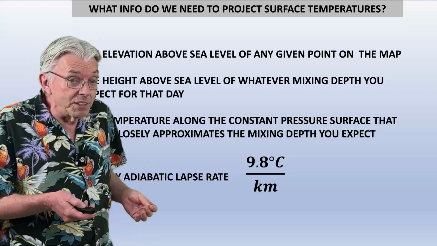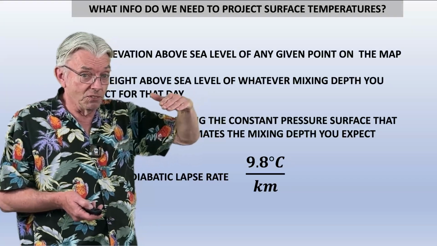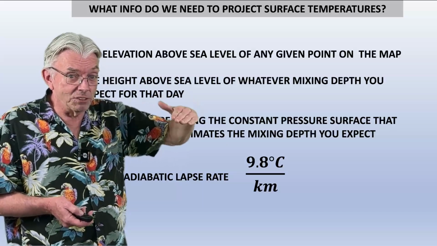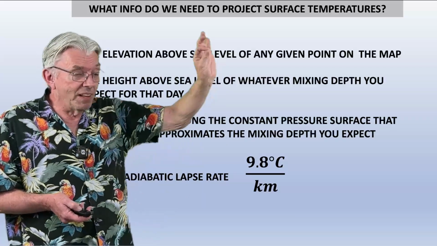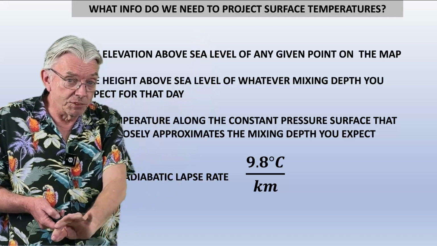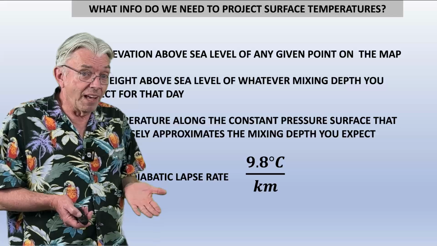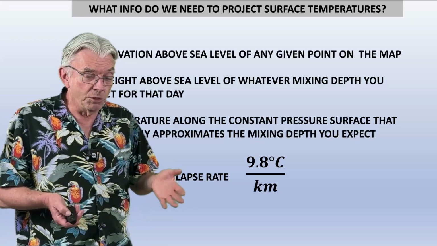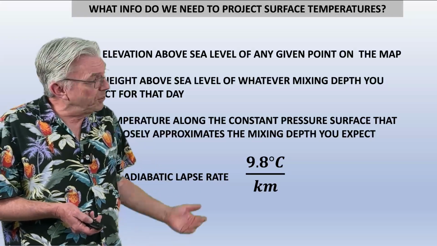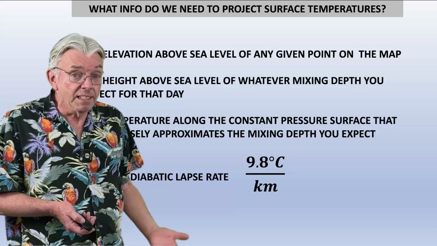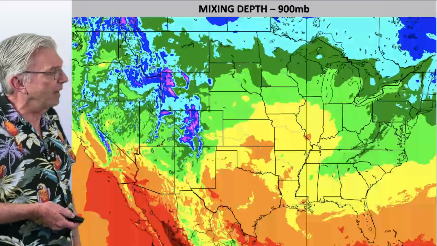So basically, when you start at that constant pressure surface, which is the level at which you think the atmosphere is going to become mixed up to that level, then you're just taking that temperature down the dry adiabatic lapse rate, and that translates to about 5.4 degrees per thousand feet, okay, which are units you may be a little bit more familiar with. And then you take that down to whatever the surface is of whatever location you're looking at, and that gives you the projected high for that day.